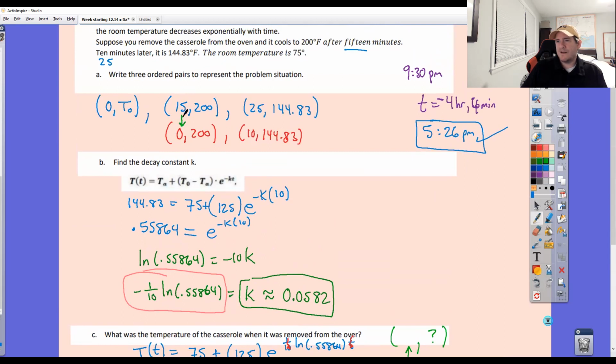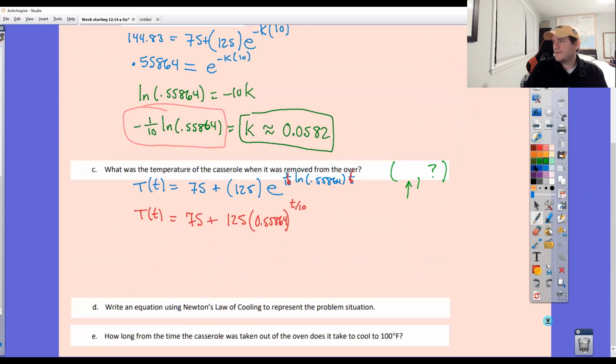So the time that it came out of the oven would have been 15 minutes prior to this time. That means it's a time of negative 15. So we just have to substitute in negative 15 and get an answer. So we want to find T of negative 15. That will give us our initial temp.